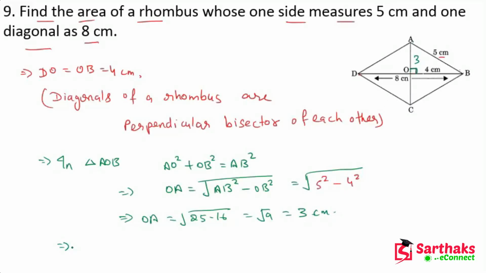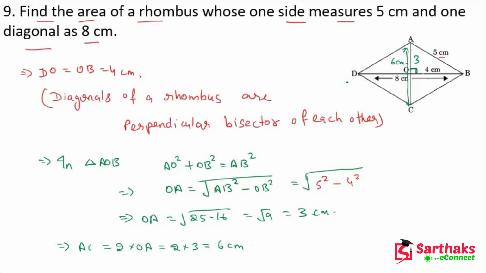So now AC, the other diagonal, is equal to 2 into OA. It means 2 into 3, which is 6 centimeter. So the length of the other diagonal is 6 centimeter. Now we have two diagonals, so we can easily find the area of the rhombus.